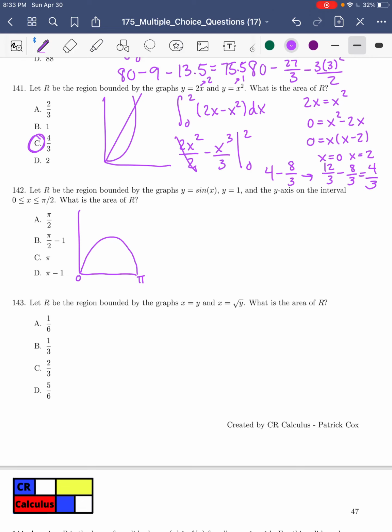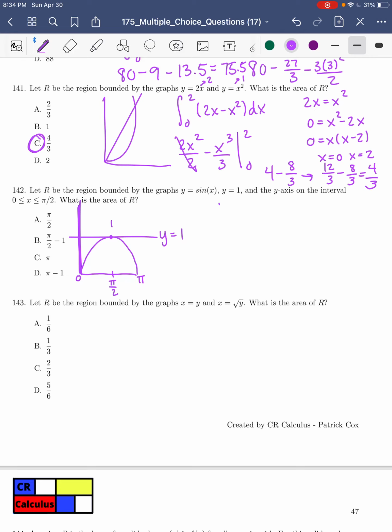Y equals 1 is going to be up here. And then the y-axis. So that's right there. So if we think about pi over 2, sine of pi over 2 equals 1.